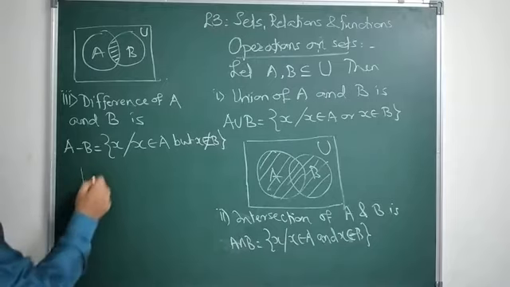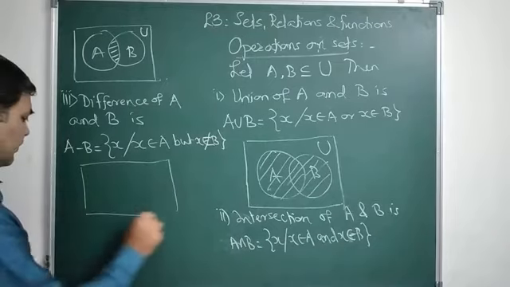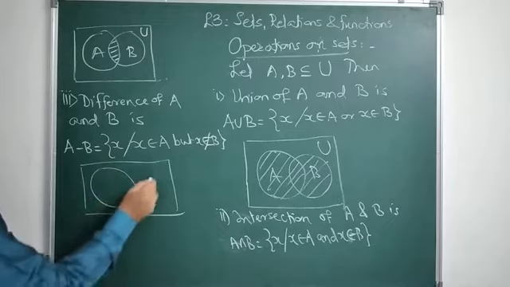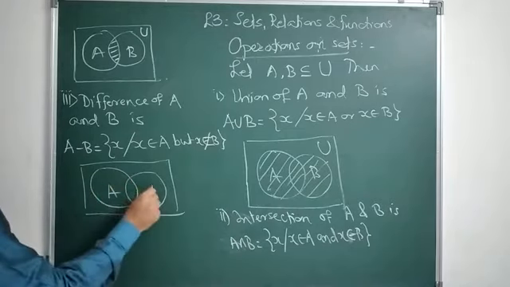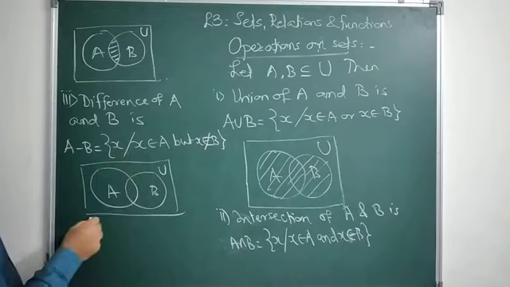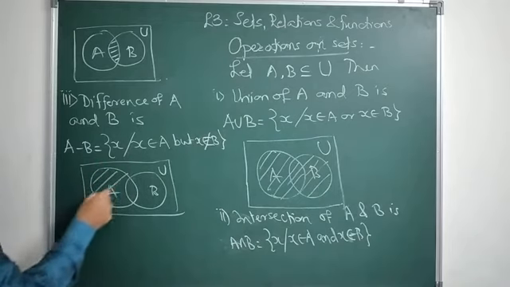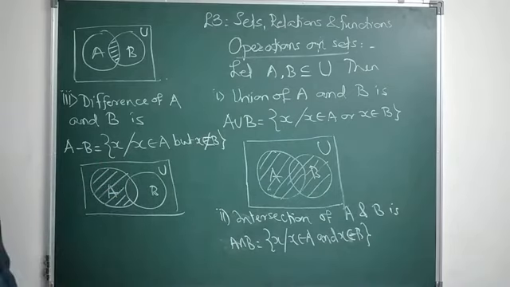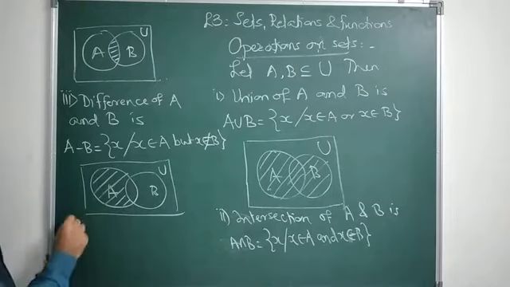So Venn diagrammatically, this is A set, this is B, universal set, A minus B is this part.